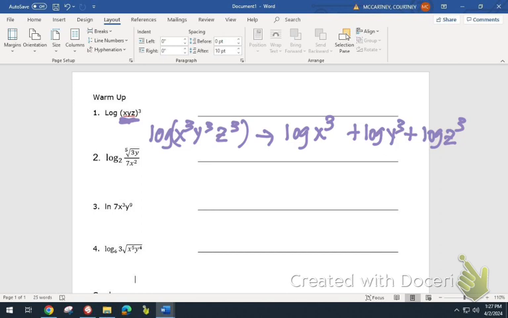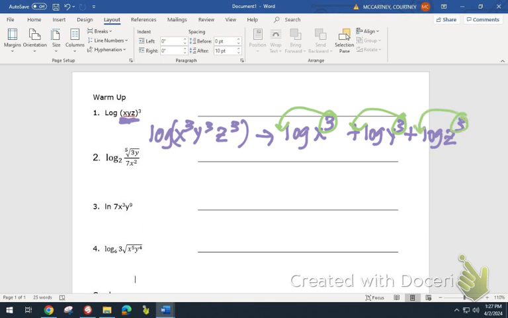Am I done? No. Why am I not done? Because I cannot have an argument that has a product, a quotient, or an exponent. So where do your exponents go? In the front. It just goes right in front of that log.